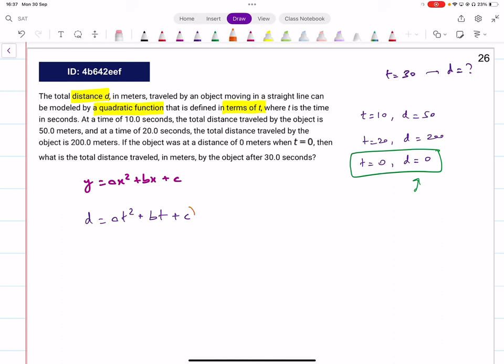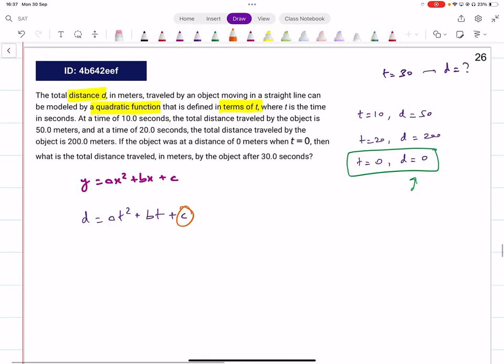What does that tell us about the value of c? C is going to be 0. You can try inputting: for t equal to 0, d equal to 0, you get 0 equals 0 plus c, and the value of c is 0. So this function therefore becomes d equals at squared plus bt. Is that all right? Any problems?